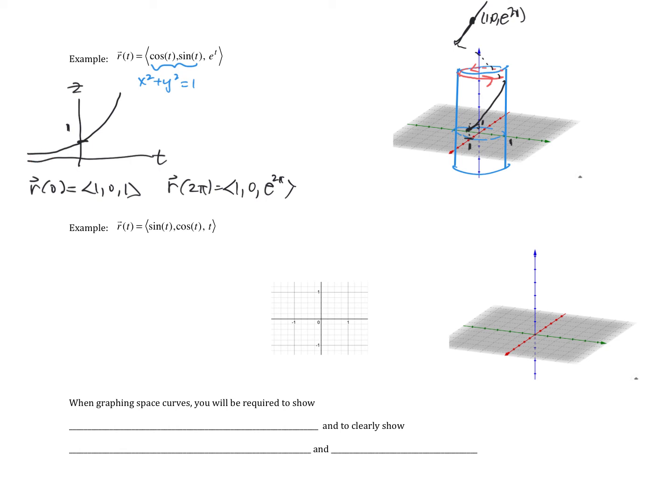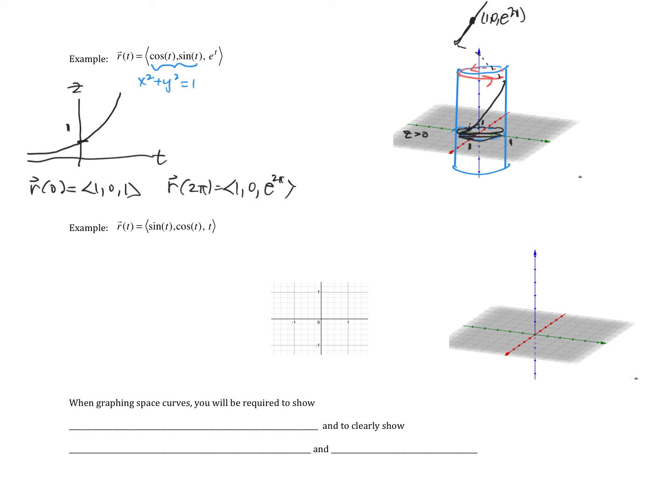It just approaches 0. So what's happening, it's not going to show it very nicely in my graph, but as it goes around, it's going to be coming towards that xy plane and being very tightly spiraled, but never touching the xy plane. z is never 0.